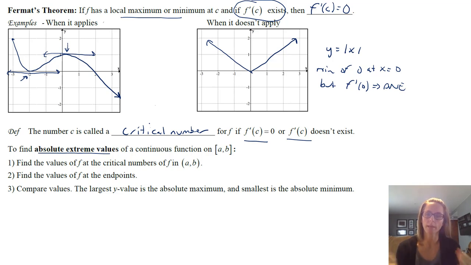And by doing that, that's going to tell us all the y values that are essentially important to us to be able to determine absolute max and absolute min. So then we just compare the values and say, well, which one's the largest and which one is the smallest? And that's our absolute max, absolute min. So let's do a couple examples and we'll see what happens.